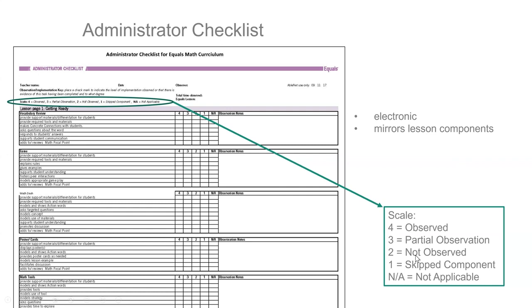If you did not observe that particular part of that lesson component, you'd say not observed with a 2. Maybe the teacher skipped a component altogether. That's noteworthy. That would be a 1. NA would be not applicable for some reason. It's possible. Okay, this administrative checklist is electronic. It does mirror the lesson components, as I've said. The scale, however, because this is electronic, it's an Excel spreadsheet, you could change that scale how you would like.